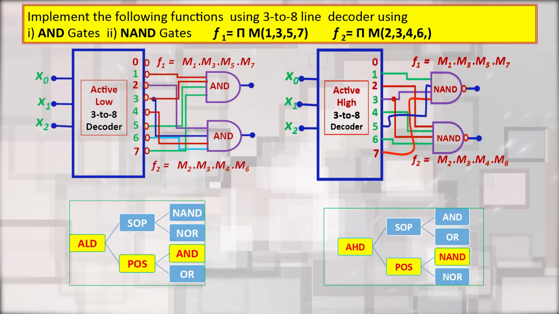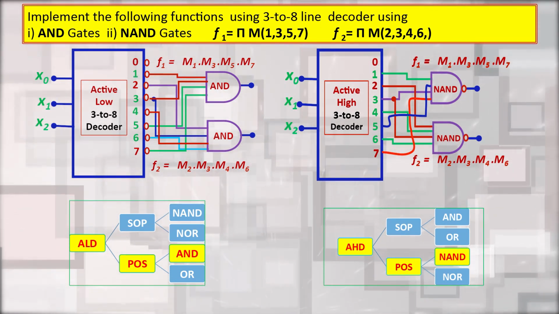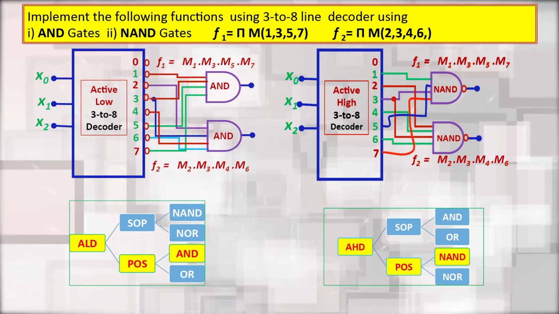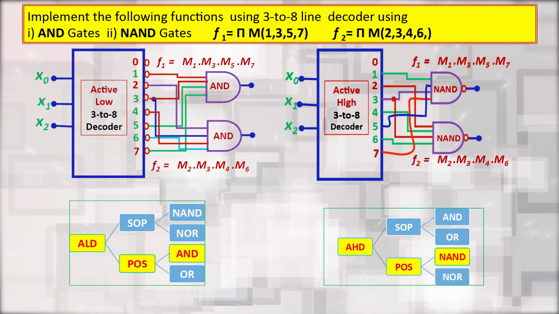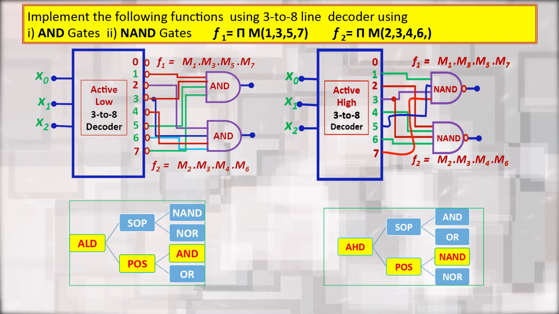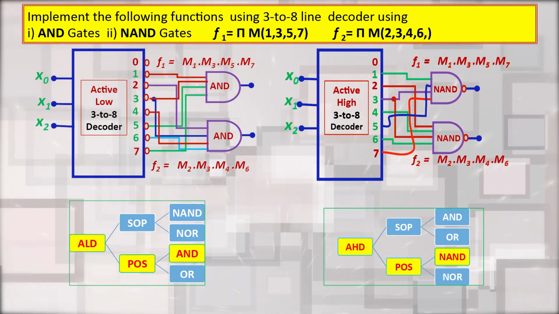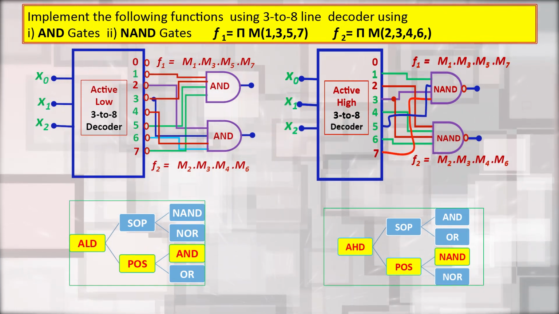Why? Because for a 3 bit input we have a total of 8 terms, right. Out of 8 terms, 5 terms are present in the POS equation. So, obviously, the remaining terms will be present in the SOP equation. Out of it 5 are present, which means only 3 are there in the SOP.